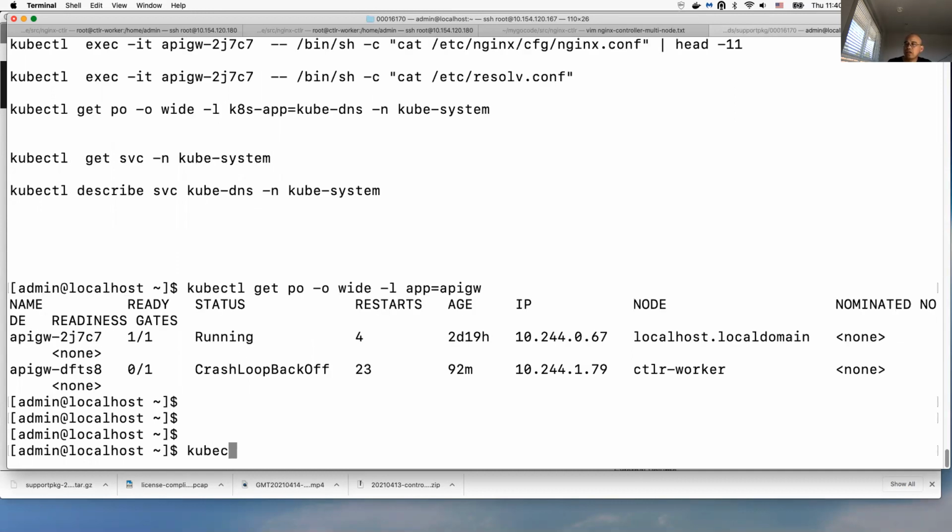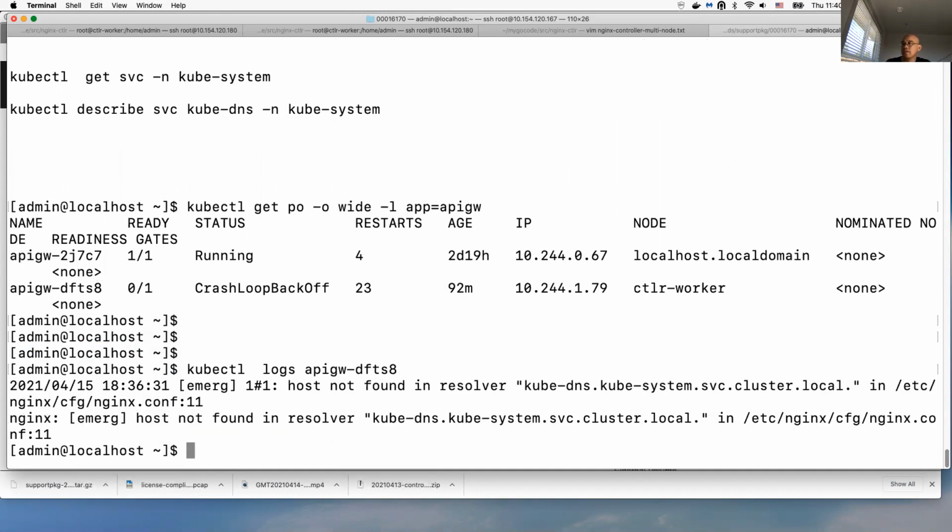We can look at the log of this failing pod and see if there is anything interesting. It has an error: host not found in resolver kube-dns kube-system.